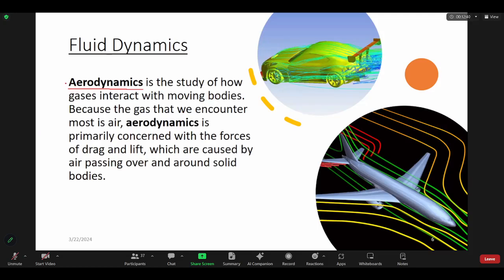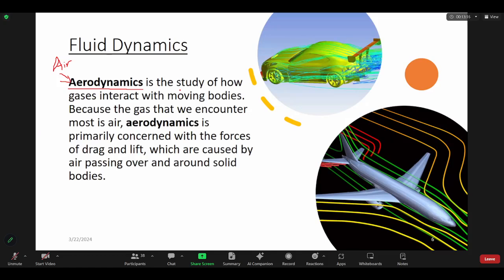Aerodynamics deals with air, so we can study how air behaves dynamically. Aerodynamics is used for aeroplane design, car design, high-speed car designs, and a lot of things. You can study aerodynamics in this lecture series.